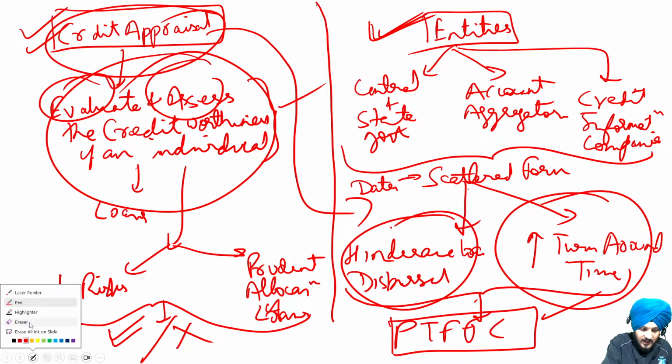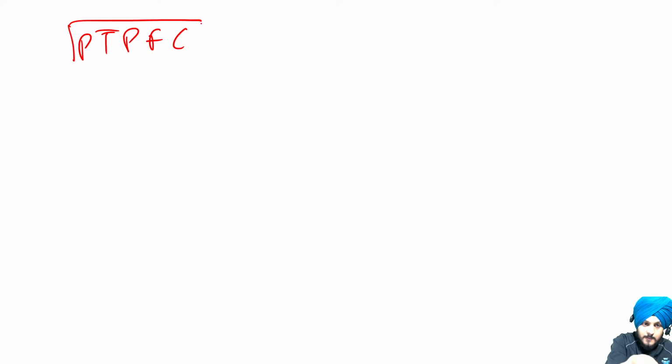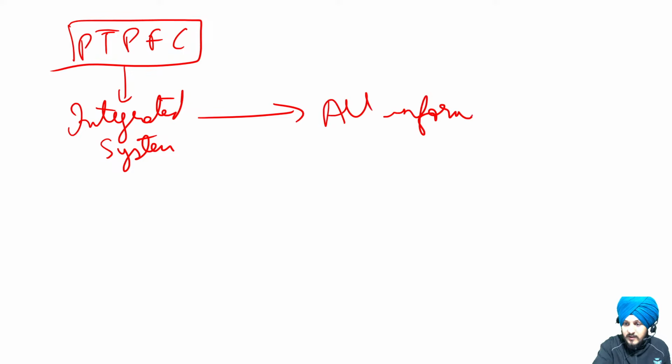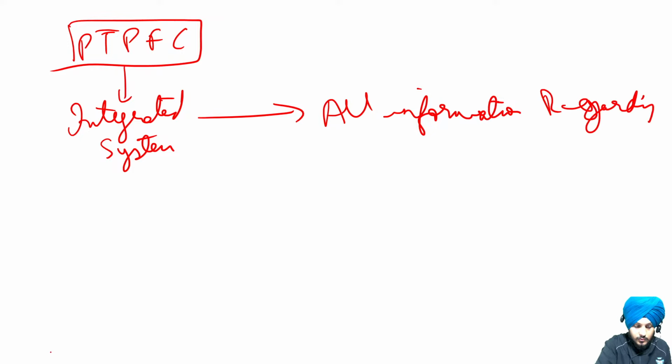Now let us see how this public tech platform for frictionless credit solves the problem. Now what is this public tech platform for frictionless credit? This is an online portal, an integrated system that collects all the relevant information regarding an individual. Sorry for the bad handwriting.